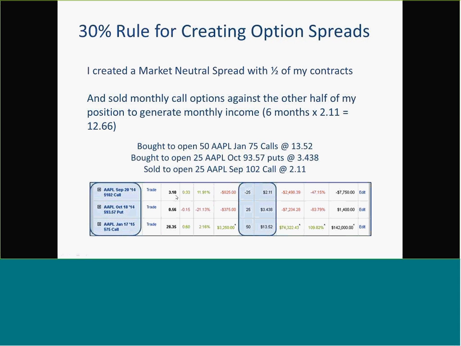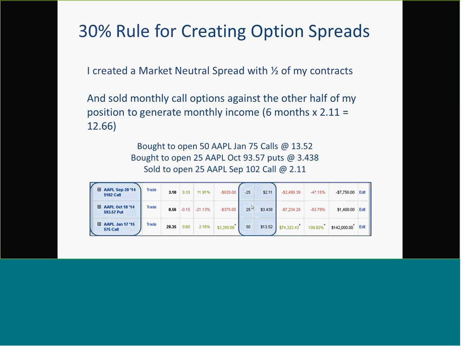In this example, I sold the September 102 call at 2.11. As a matter of fact, just before I came on the air here, I rolled over this monthly call from the September to the October. So I had 50 call options, so I established 50 spreads, 25 market neutral spreads, and 25 debit spreads, and I'm selling monthly option premium on 25 of those contracts.